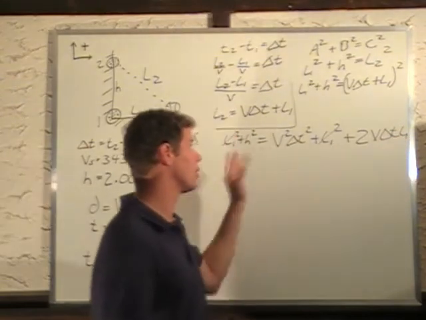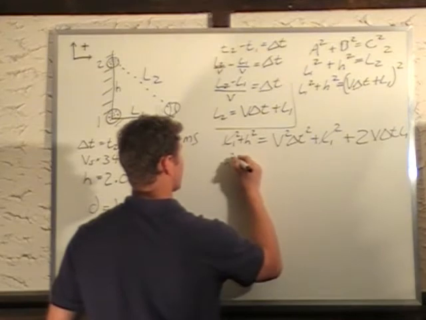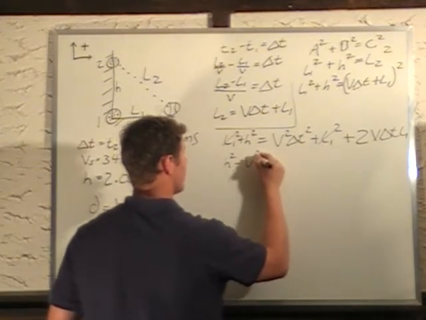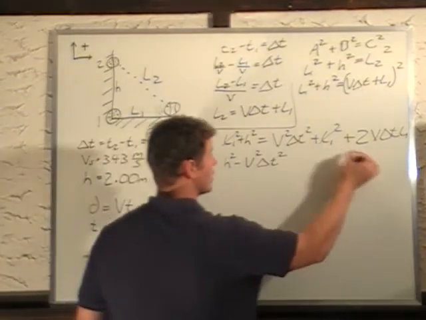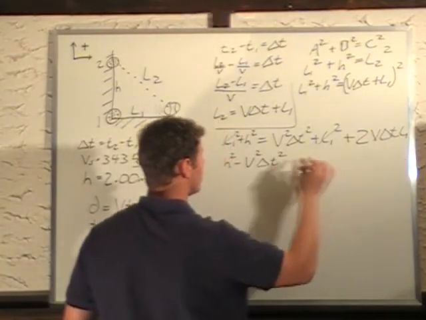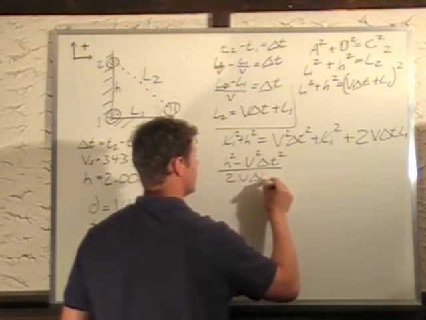So from this, we can figure out what L1 is. I'm going to solve for L1. That leaves me with H squared, subtract V squared delta T squared, which leaves me with 2V delta T L1. So I divide everything by 2V delta T.